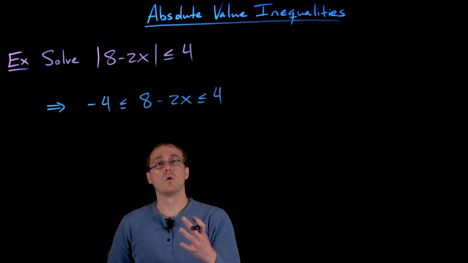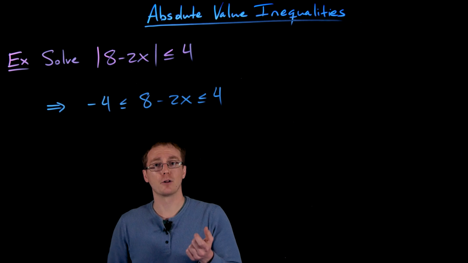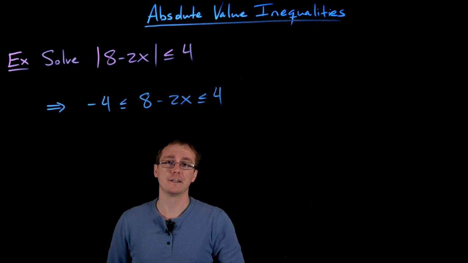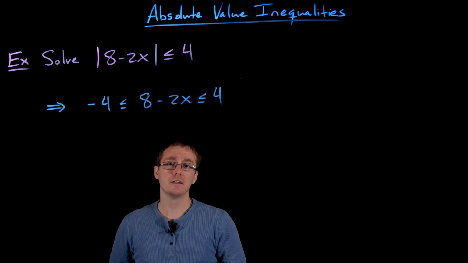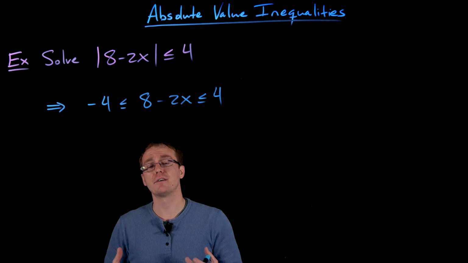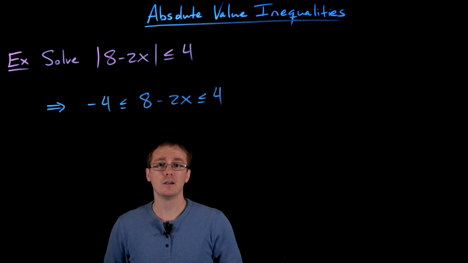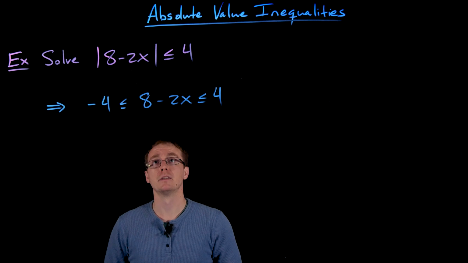And so now remember, our goal to solving a compound inequality is to isolate our variable of x in the middle of our inequality. And we follow the same steps we do for solving an equation, with the extra rule that if we ever multiply or divide both sides by a negative number, we have to reverse the direction of our inequality while doing so.